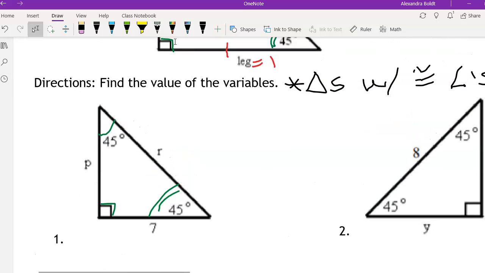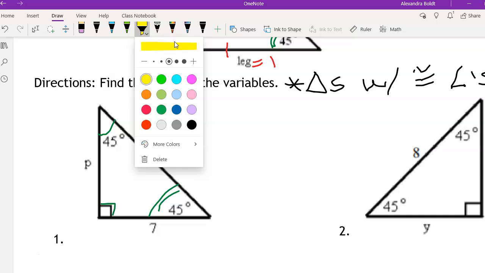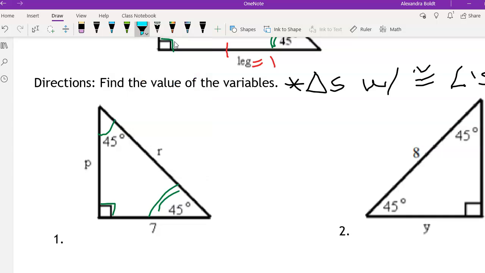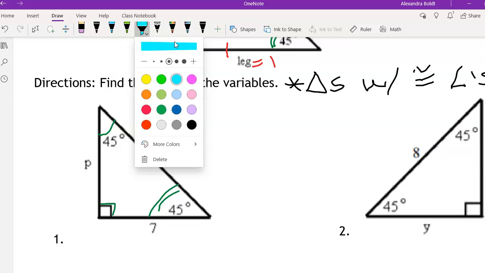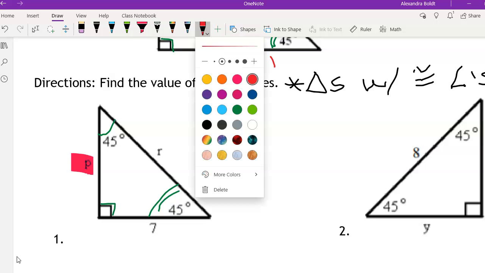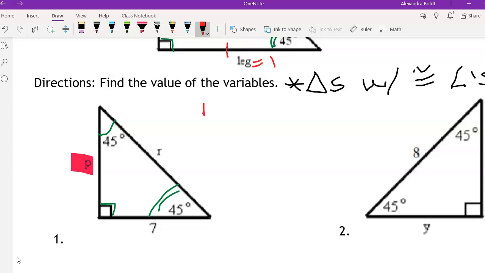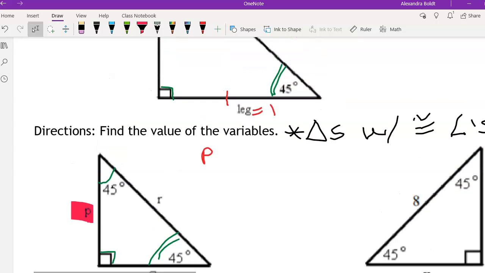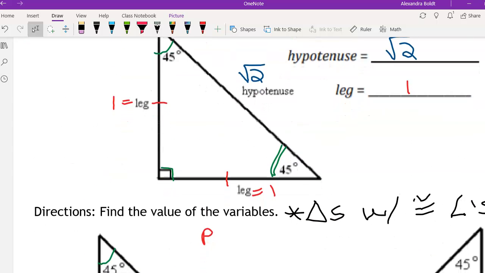Okay, so now what I'm going to do is solve for one side at a time. I'm going to first solve for P. So I'm going to take this P, and if I look back at this triangle, it is similar to this triangle.